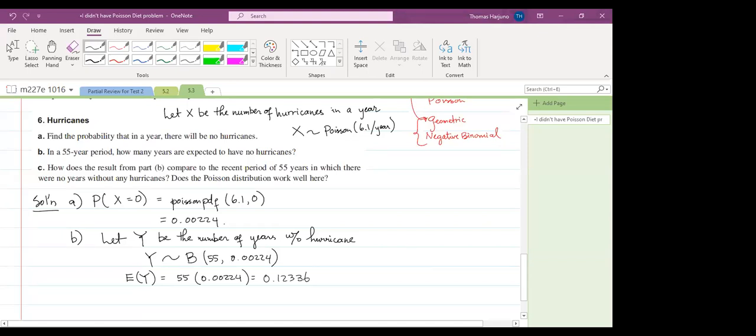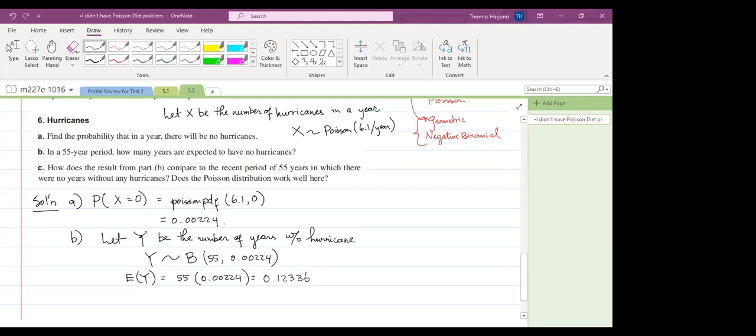This is an expected value. So with an average of 6.1 hurricanes in 1 year, the expected number of years without hurricanes in 55 years is less than 1, it's 0.123 something. So do not then come back to me and say, see, in the last 55 years, we always have hurricanes.